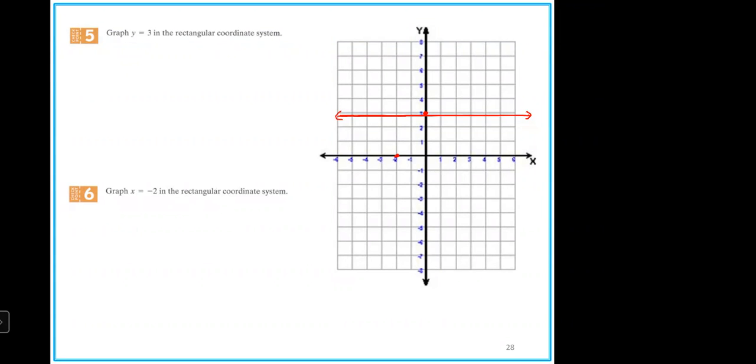Let me see if this will stay put. Okay. Oops, it went off again. Sorry. It should actually be on the line, this line here, but for some reason, this ruler keeps slipping. So that would be your line for x equals -2.